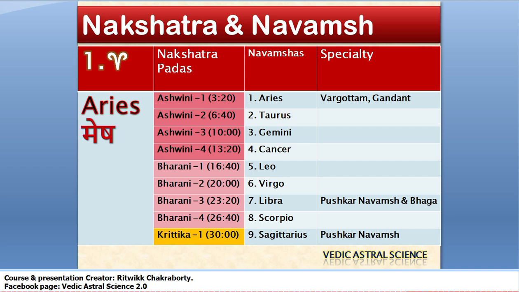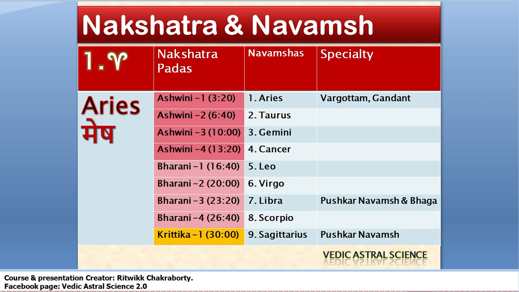The seventh Navamsa or the Libra Navamsa is a Puskara Navamsa and Puskara Bhag as well. And the ninth Navamsa or Sagittarius Navamsa is also a Puskara Navamsa, which is the first pada of Krittika Nakshatra.